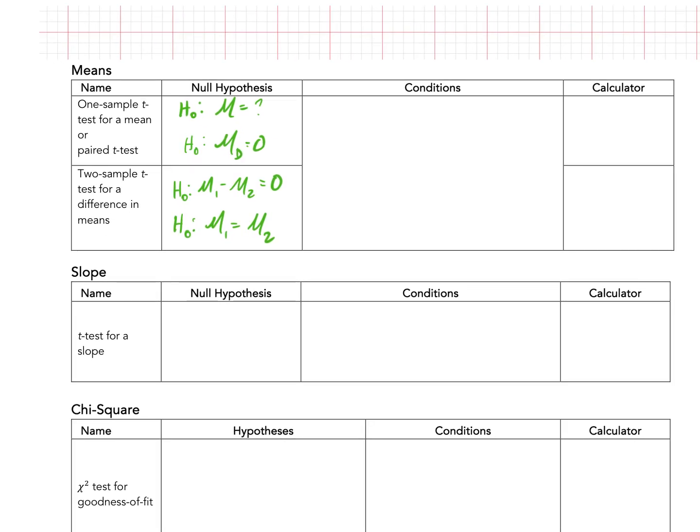Conditions. Random, normal, independent. And the normal condition, you need n1 greater than or equal to 30 or no major skewness.